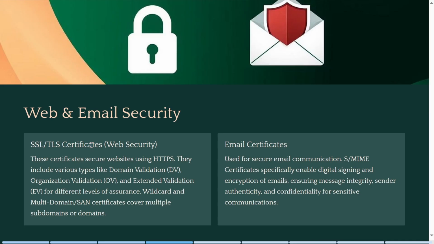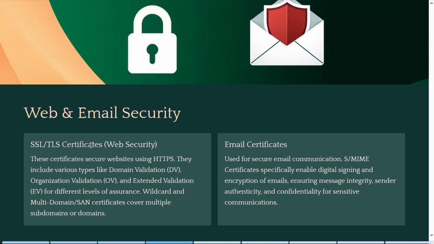Whenever we use a certificate to secure that site, it becomes HTTPS from HTTP. Okay, so one secure layer is added, and this will secure the connection or communication between the end user and the site, so that the data is not compromised whenever we are trying to access that application or site.